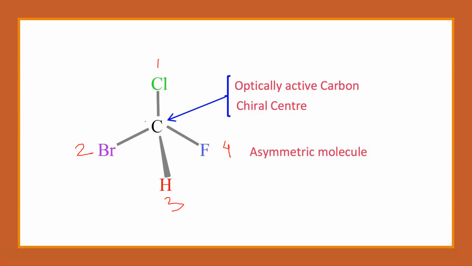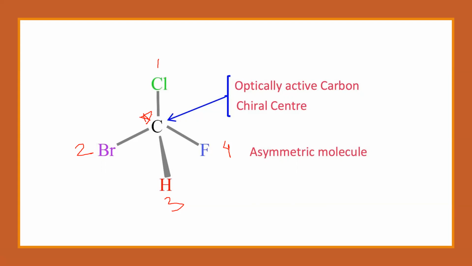Clear? Chiral carbons are indicated by a star. This does not look like a star, by the way, but just for our understanding, whenever there is a star written on a carbon, it indicates it's a chiral carbon, and that carbon is bonded to 4 different atoms or groups.